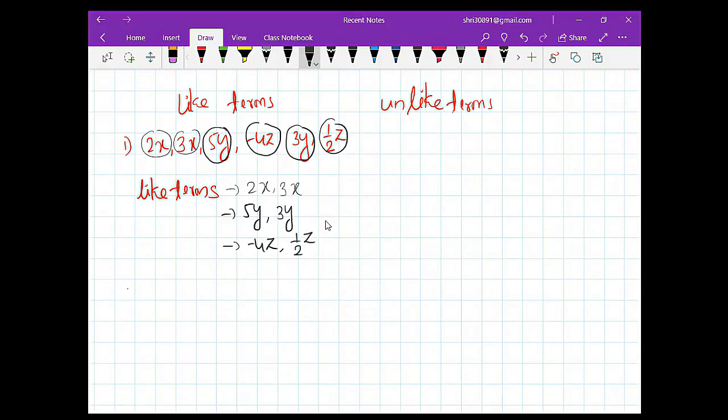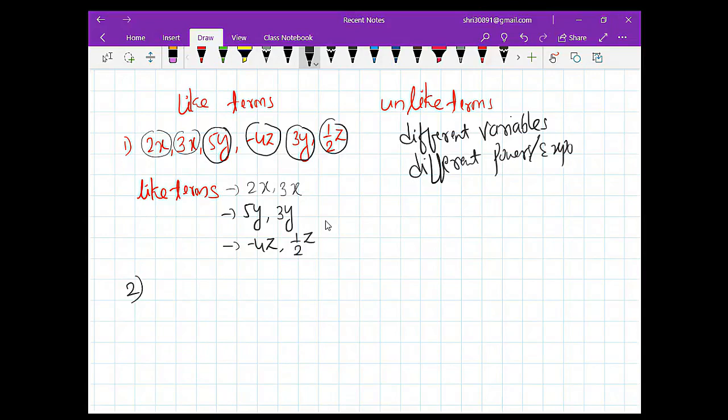See, here is another example. Unlike means different variables, also different powers or exponents.